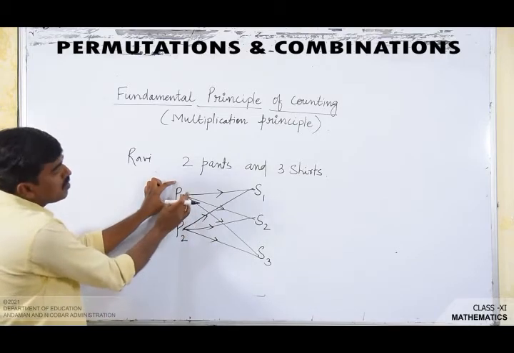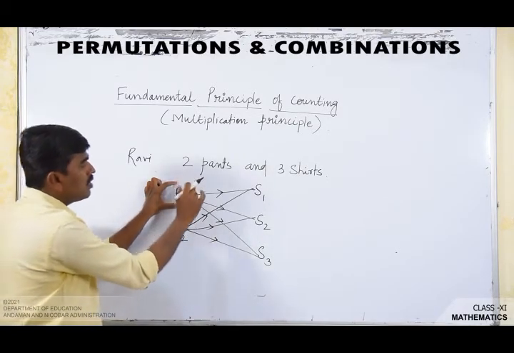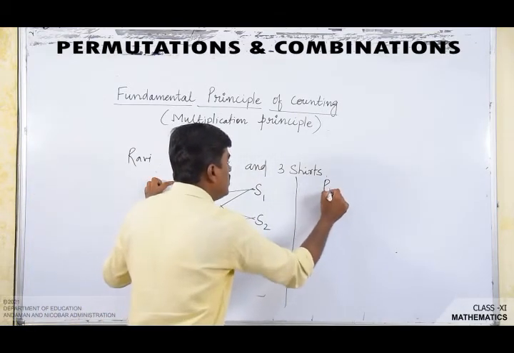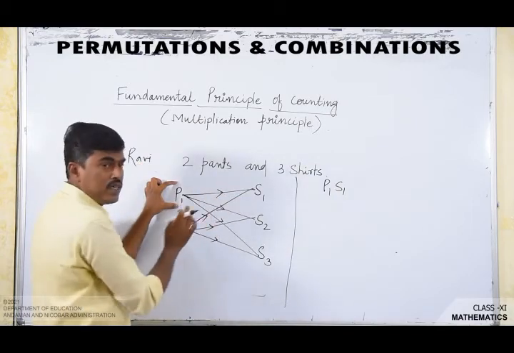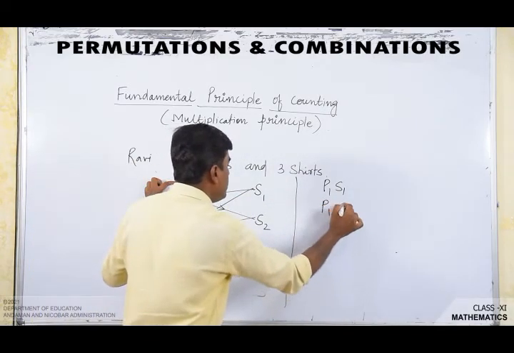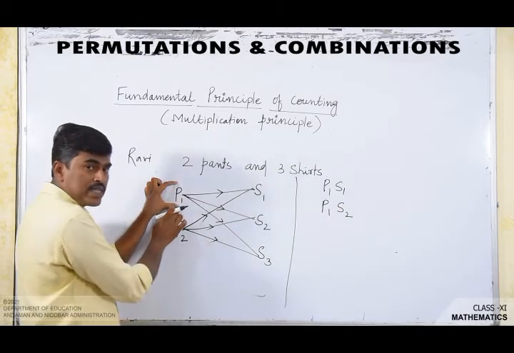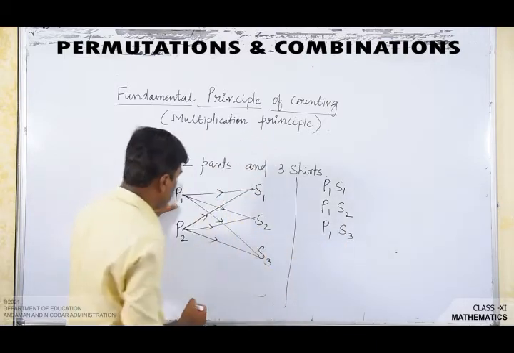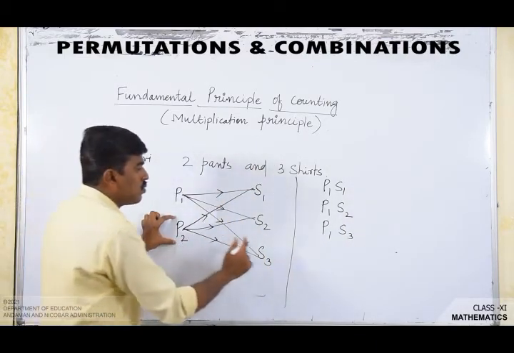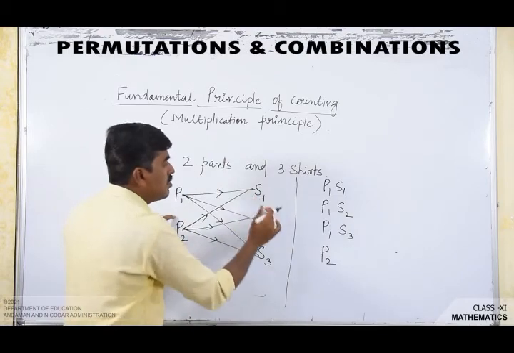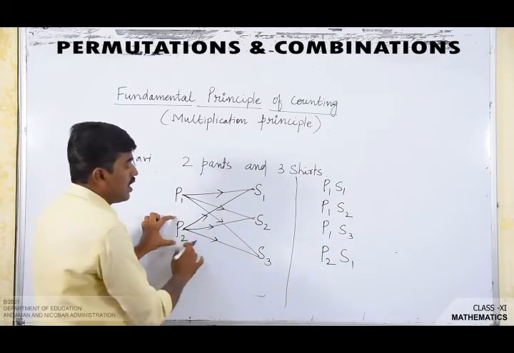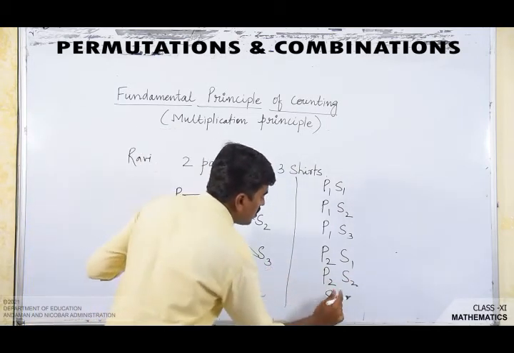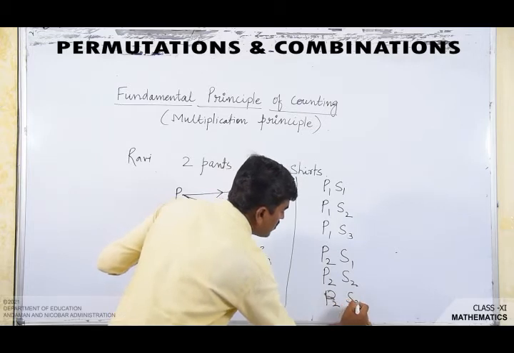So here he can dress up in how many ways? What are the possibilities? Pant 1, shirt 1, that is P1 S1, or P1 S2, or P1 and shirt number 3, so it is P1 S3, or if we select pant number 2 and shirt number 1, that is P2 S1, and P2 S2, P2 S3.